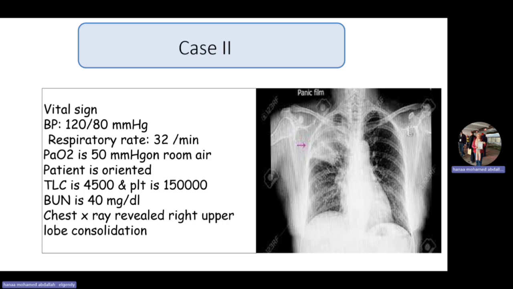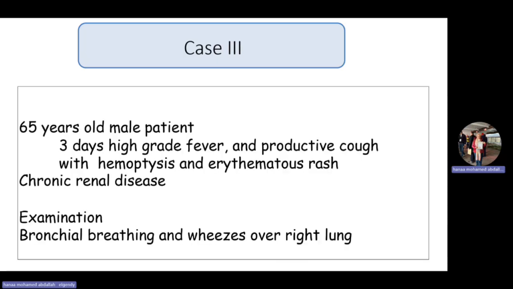Blood pressure was 120 over 80, respiratory rate 32 per minute, PO2 is 50, patient is hypoxemic but oriented, TLC is 4,000, platelets 150,000, BUN is 40 mg/dL, and the chest X-ray revealed right upper lobar consolidation.